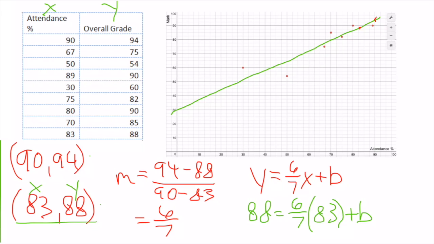Okay, so if I do that, let me grab my calculator here. 83 times 6. I'm left with 88 equals 498 over 7 plus b, sorry.